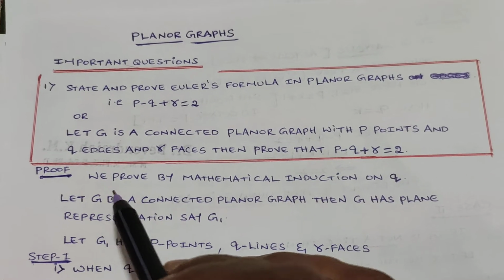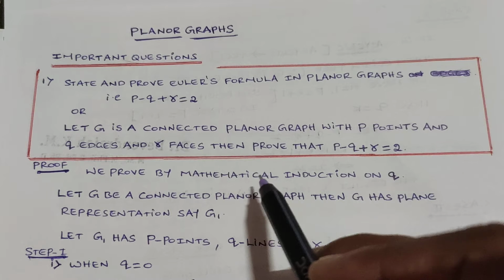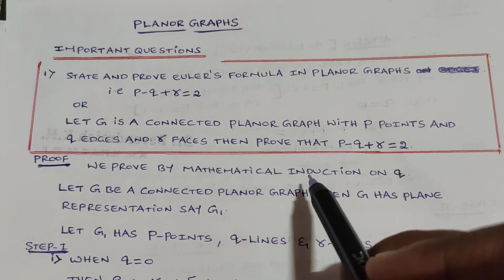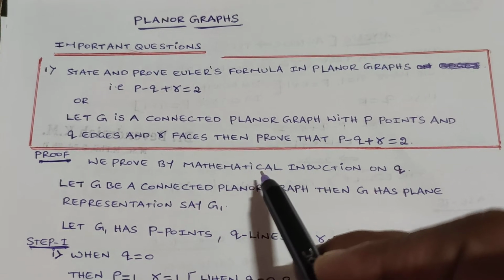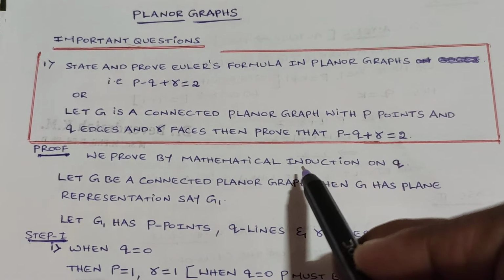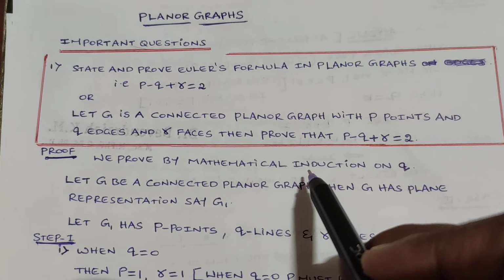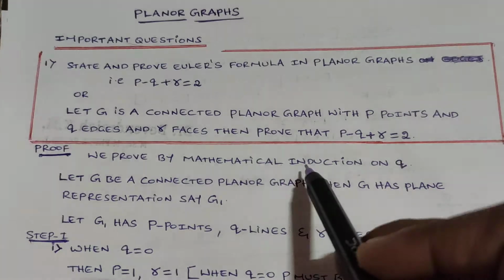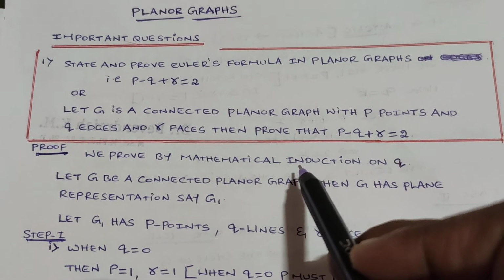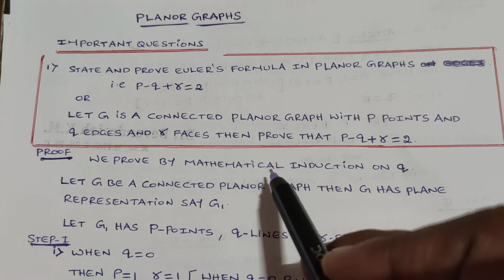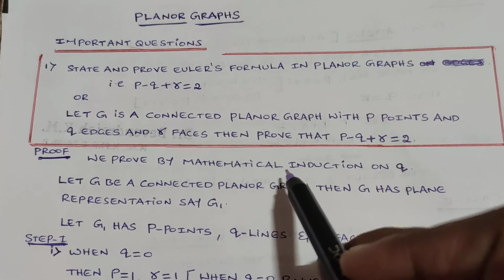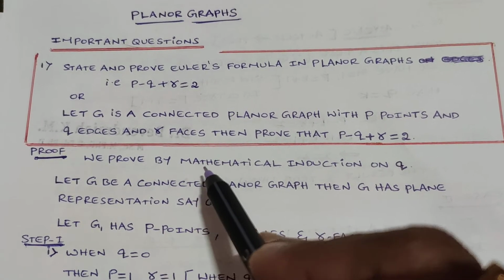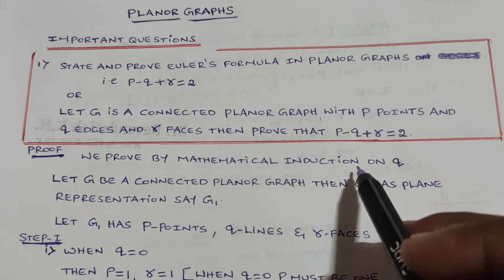Here, as we know, in mathematical induction we have 3 steps. We verify for n equals 1, and we assume that the result is true for n equals k. Finally, we prove that P of k plus 1 is true.